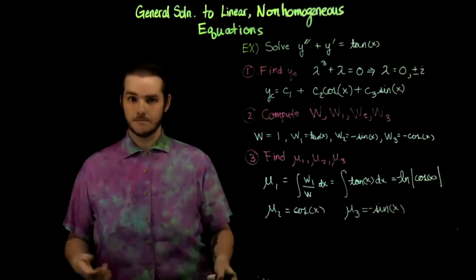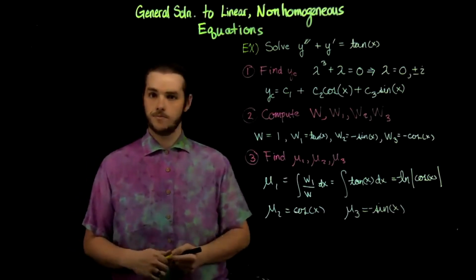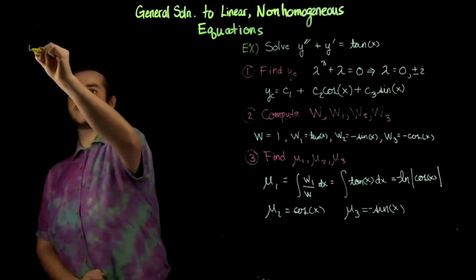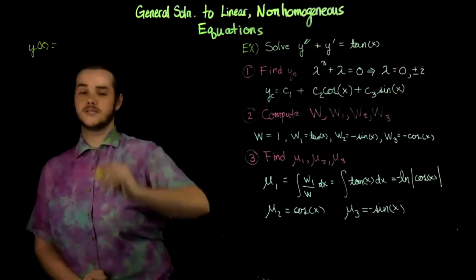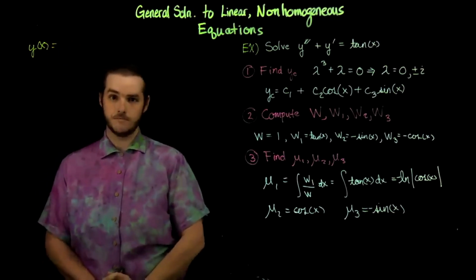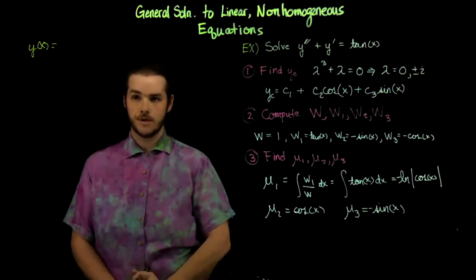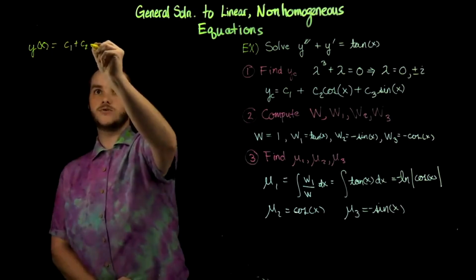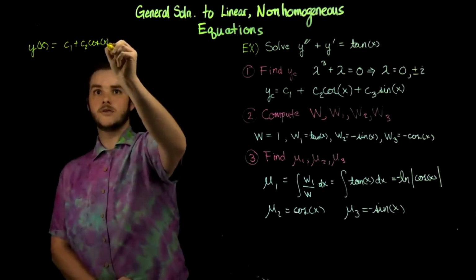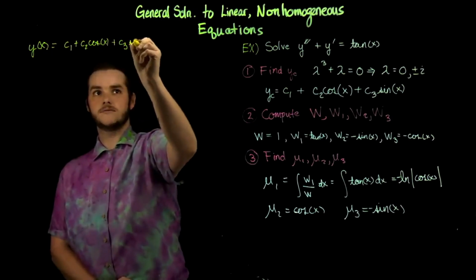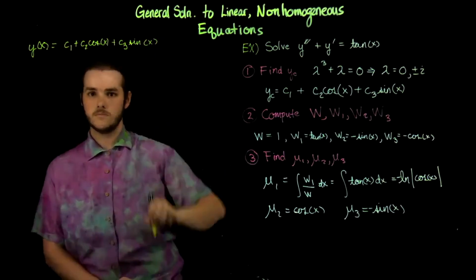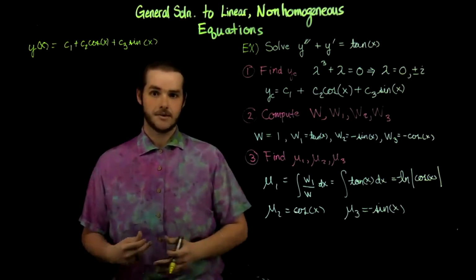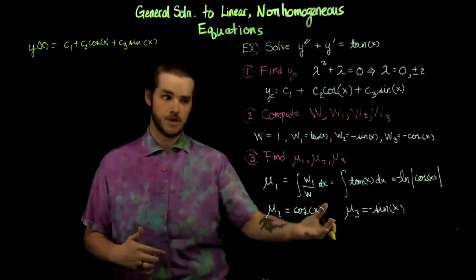That's all the info I need to write down the general solution, so let's write it. The general solution is that y of x is still my complementary solution plus my particular solution. The complementary solution we've already written down. It's c1 plus c2 cosine of x plus c3 sine of x. The particular solution follows the same format. It's just that instead of the c's, I use the mu's.